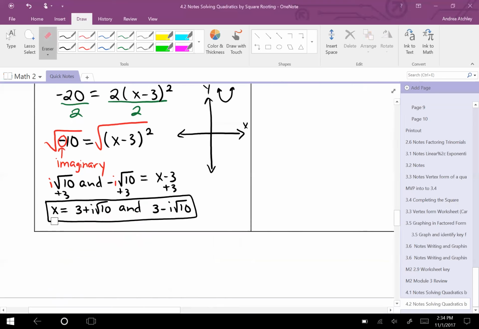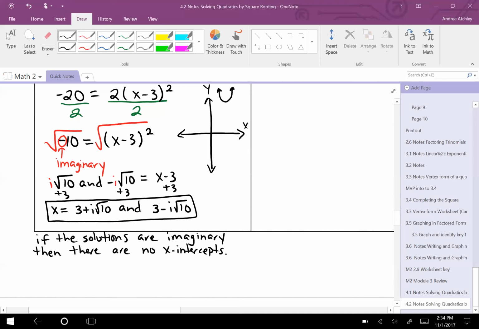So we're going to write this down. If the solutions are imaginary, that's what an imaginary solution for a quadratic tells me.